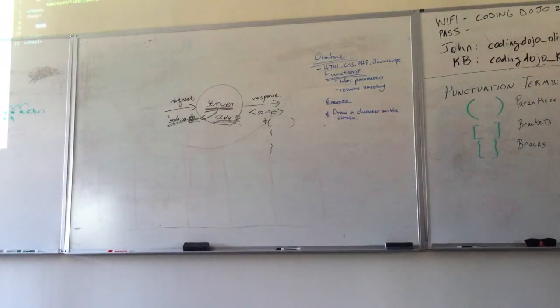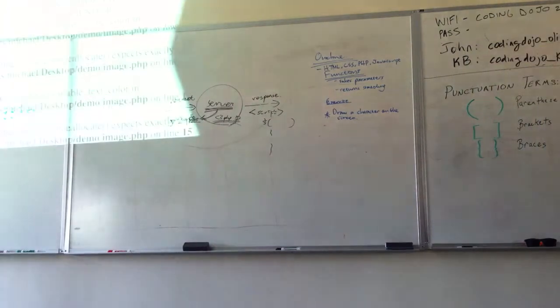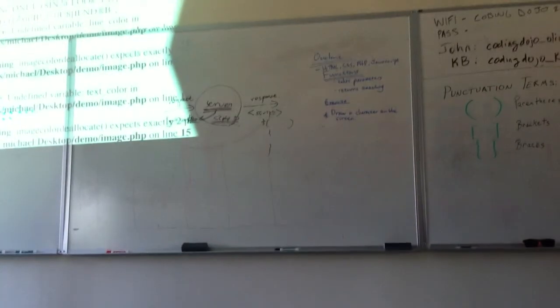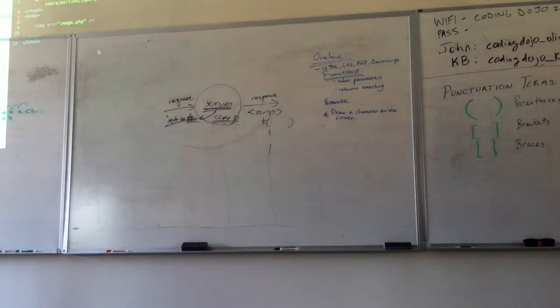So on the index.php, if I want to include that, I do image source and I do image.php. There it is. It's just an image, right? It didn't need to end with .png, .jpeg or whatever. Does that make sense?